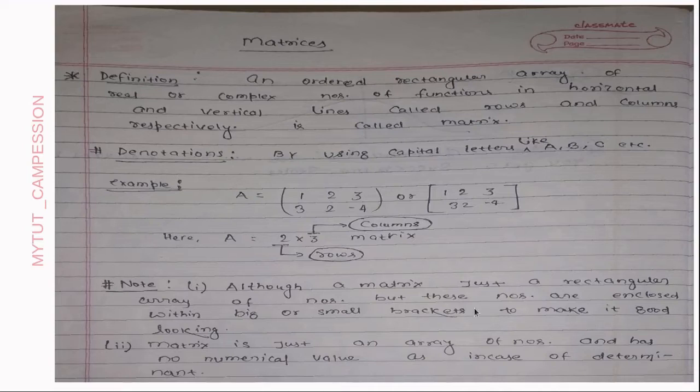Now we see the examples of matrix first. Here is a given matrix A: 1, 2, 3 in the first row and 2, 3, minus 4 in the second row, in a small bracket or a big bracket.